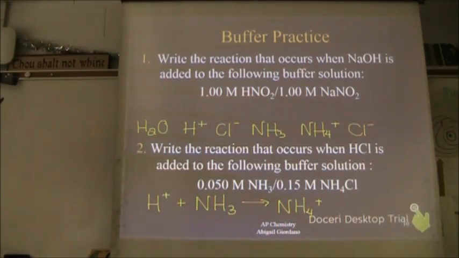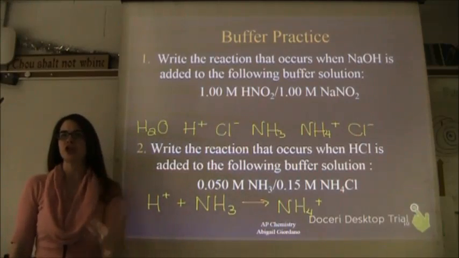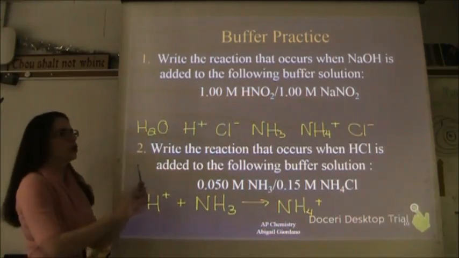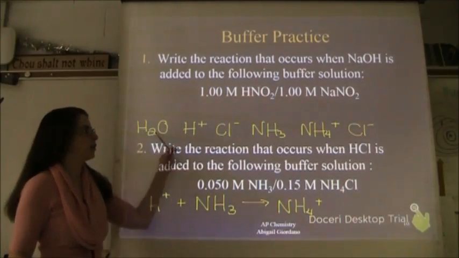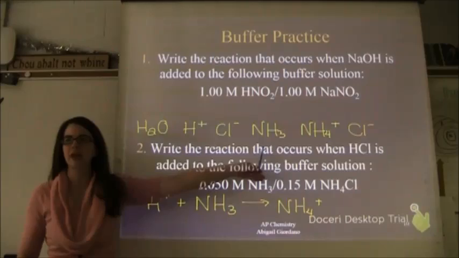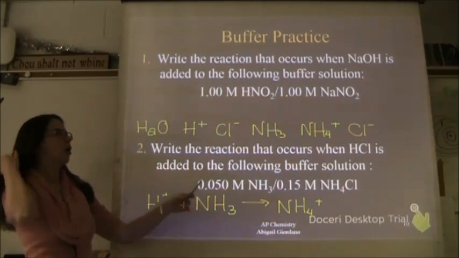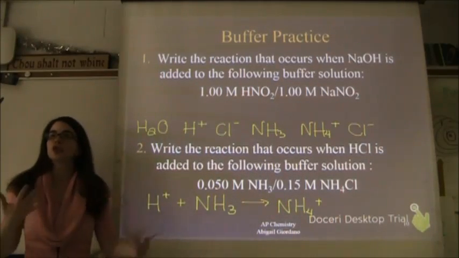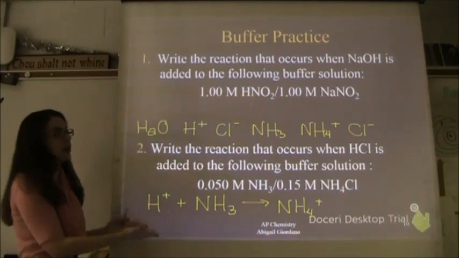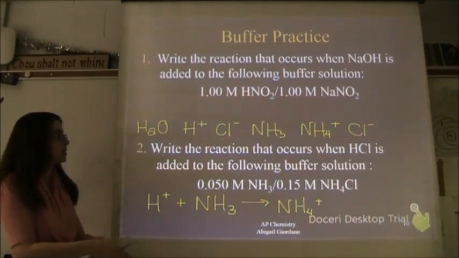Okay. So there's the answer, but let's talk it out. So were you all okay with this list? Like, was just listing out the species, was that okay? All right. The part that becomes tricky is choosing what is going to be your acid, what's going to be your base.